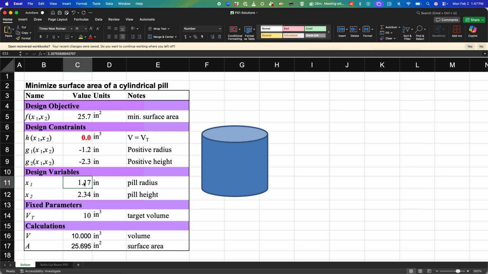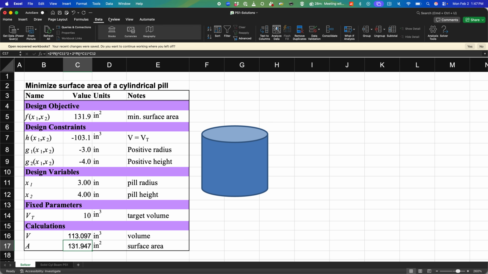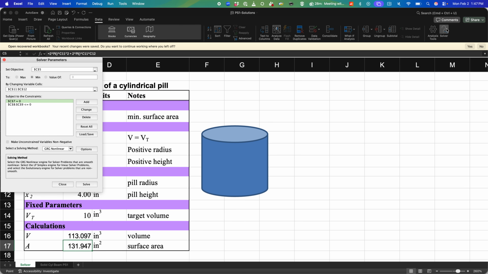So actually, the starting point is at the optimum. But let's just change these values. I'll do 3 and 4. And then let me go to my solver. Not insert, it's in data. Okay. So I've got everything set up. I'm pointing to the objective function and the decision variables, and I have my constraints set up.